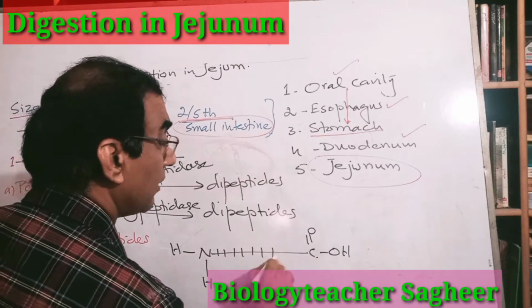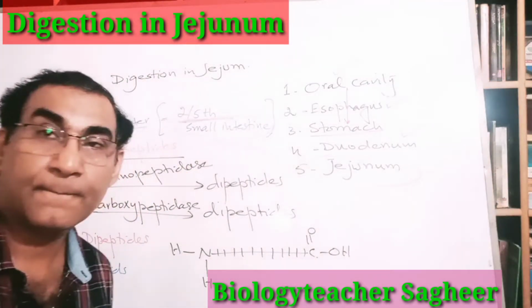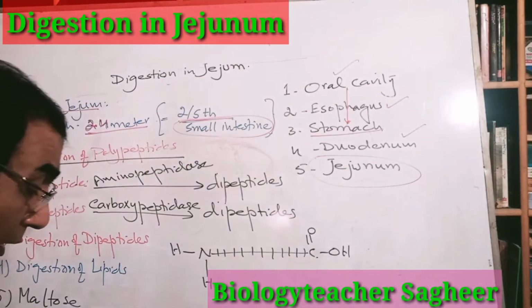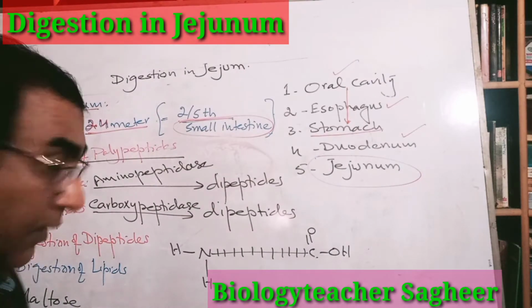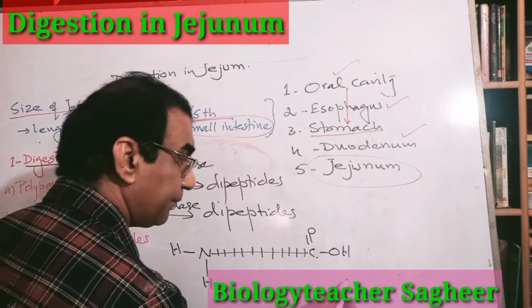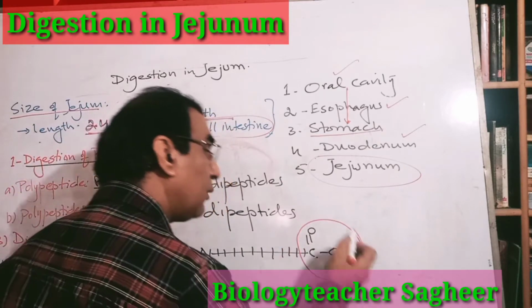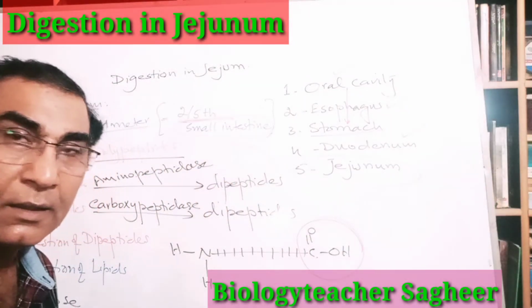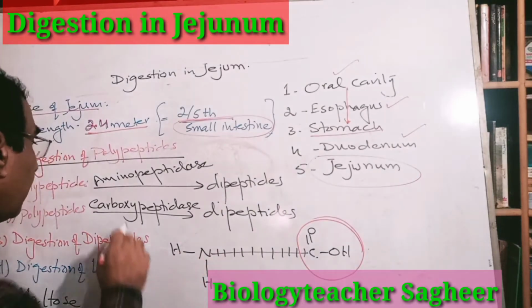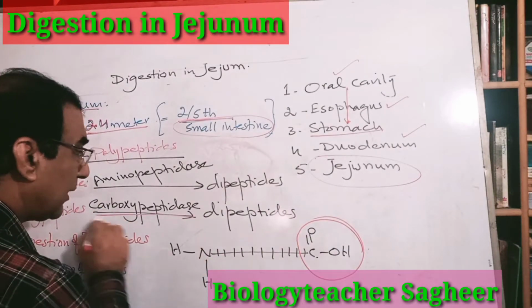Suppose these are the amino acids. If an enzyme hydrolyzes a polypeptide chain at this end, that is known as carboxypeptidase.